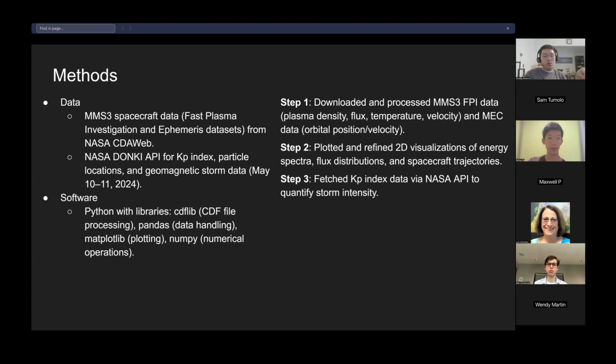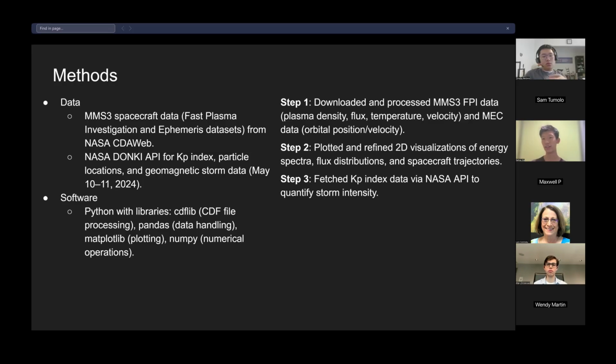Again, I got the data from NASA's CDAWeb for the MMS spacecraft and NASA's Donki API for the Kp index. To create the visualizations, I used Python libraries: cdflib to handle CDF files, pandas for data handling, matplotlib for plotting, and NumPy for numerical operations.